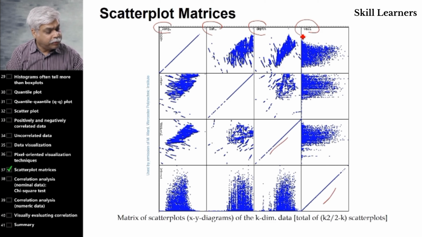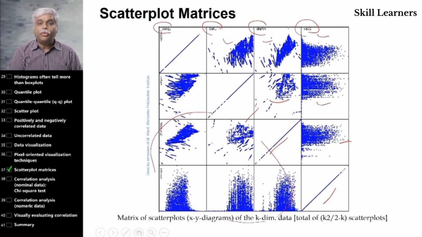And of 4 variables, there are 6 combinations possible. These 6 plots. The remaining 6 are copies of the same. So it's a way of looking at scatter plots, 2-dimensional plots put together, giving a multi-dimensional representation. Bivariate graphics for multivariate visualization. 2 to many.